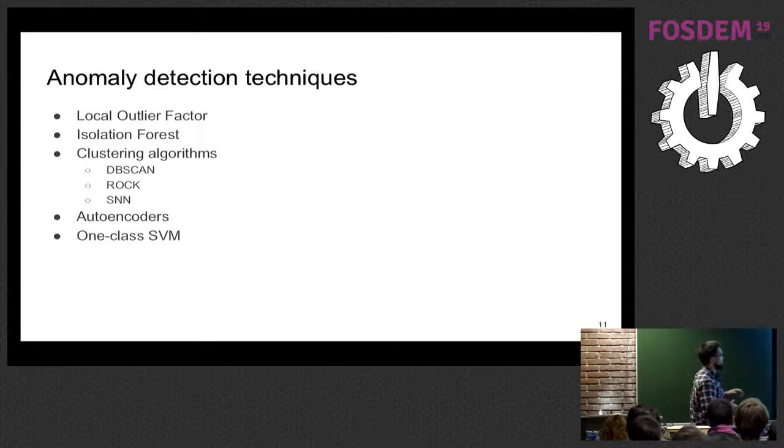Some clustering algorithms, including those listed here, could also be used for anomaly detection, since they don't require that each element should be put in some cluster. Autoencoder neural networks are a really fun tool because basically it's a neural network that has the same data as input and output. And using its hidden layers, it tries to learn the identity function, basically.